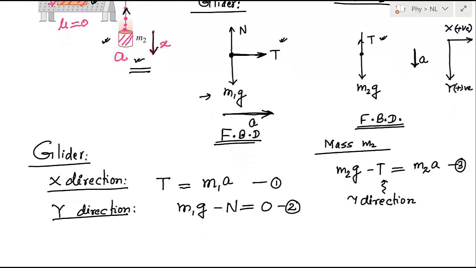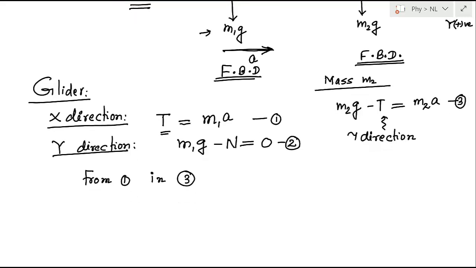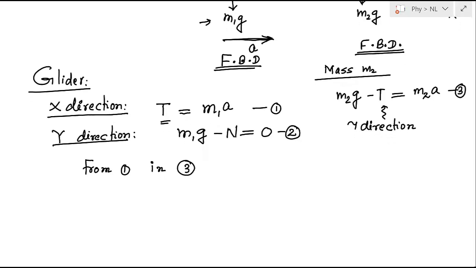Now I can solve these equations. What I can do is plug the value of T from equation 1 into equation 3. I am simply writing 1 and 3 to denote equation 1 and equation 3.